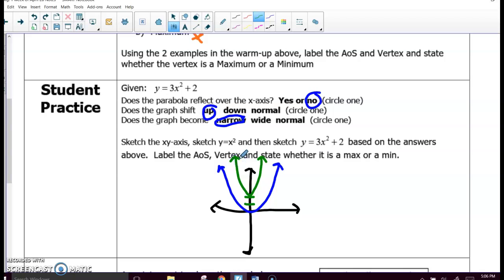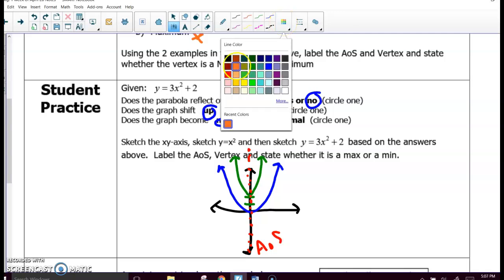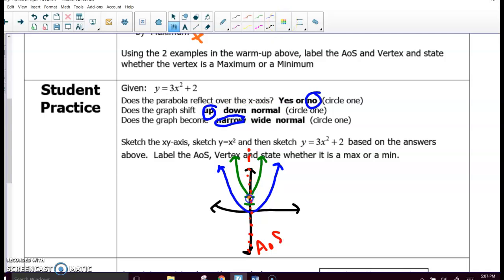Next, they would like us to label some of the vocabulary that we learned up above. First off, labeling the axis of symmetry. I said I was always going to use red for that, and we're going to use a dashed line. So there is my axis of symmetry. My vertex. Okay, my vertex is located right here.